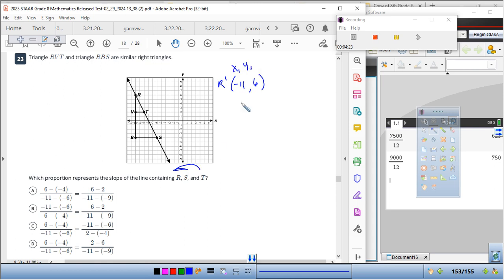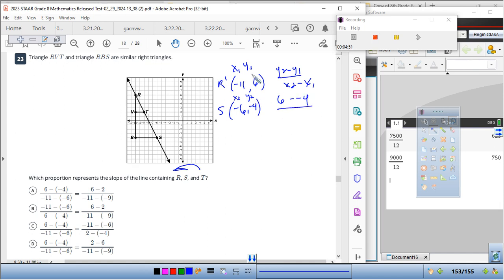S would be negative 6 and negative 4. So we're going to go x2, y2, and the format is y2 minus y1 over x2 minus x1. This is on the reference material.